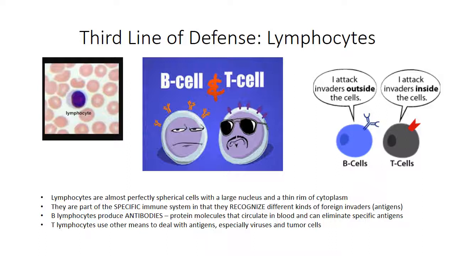Third line of defense, specific immune responses or adapted immunity. They are mediated by lymphocytes. On the left, you see a picture of a lymphocyte among red blood cells. It's not a very large cell. It is larger than red blood cells, but not very large. And it looks kind of dull.